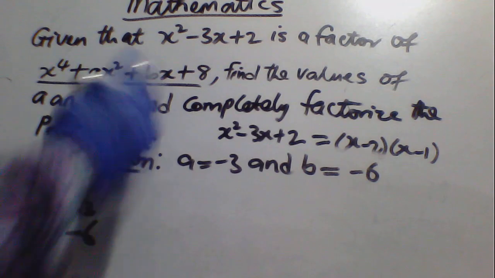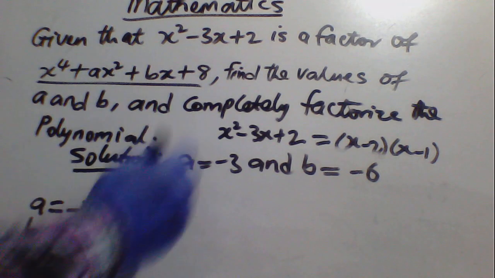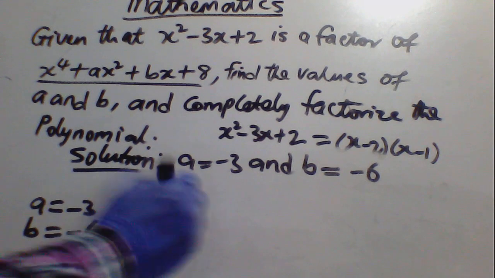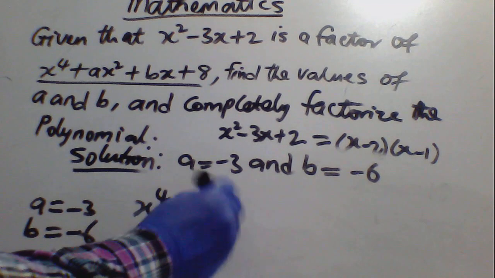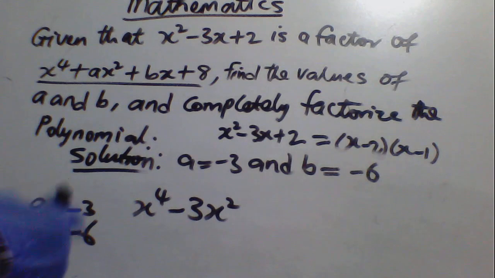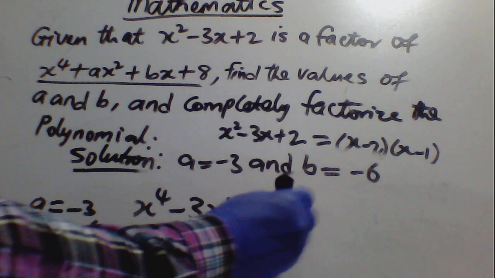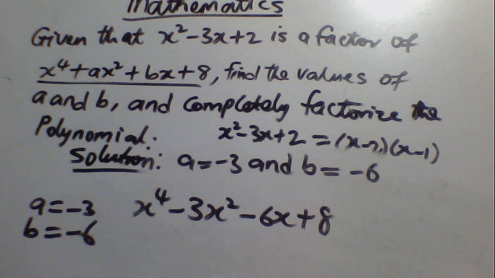So in this equation now, wherever you see a, you put this. So from here we have x raised to power 4, a is minus 3 x raised to power 2, b is minus 6x plus 8. So the expression is x raised to power 4 minus 3x squared minus 6x plus 8.